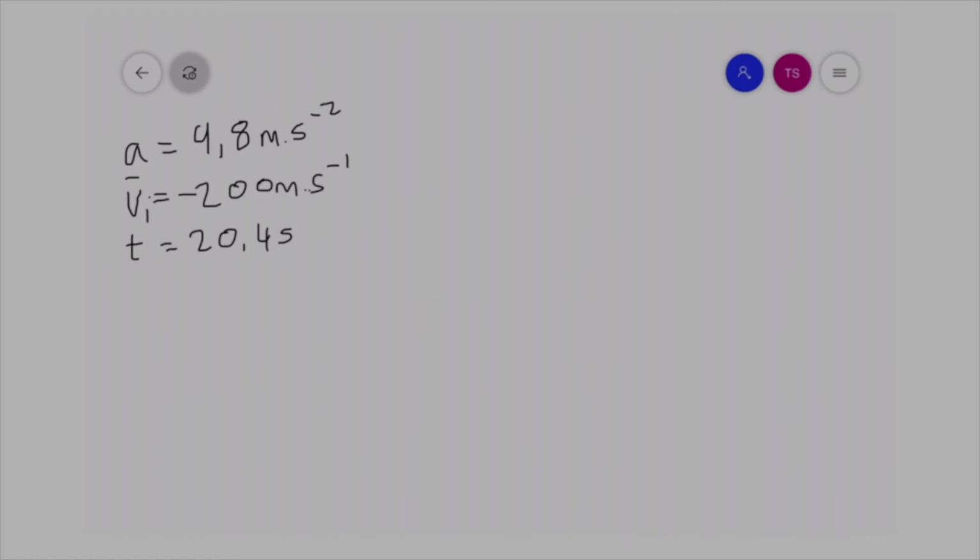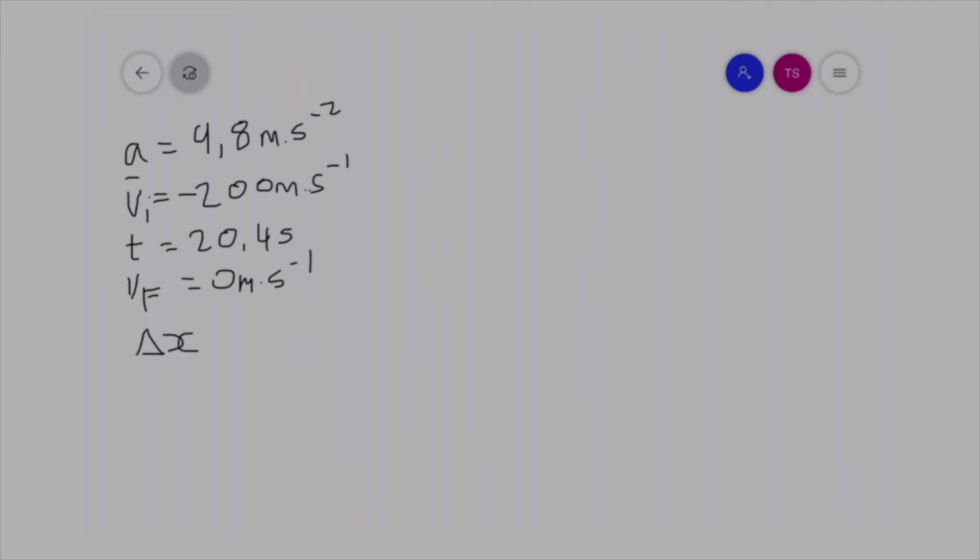All right, and we actually know our final velocity at maximum height as well, which is 0 meters per second. Now going back to equations of motion, I will choose this one.